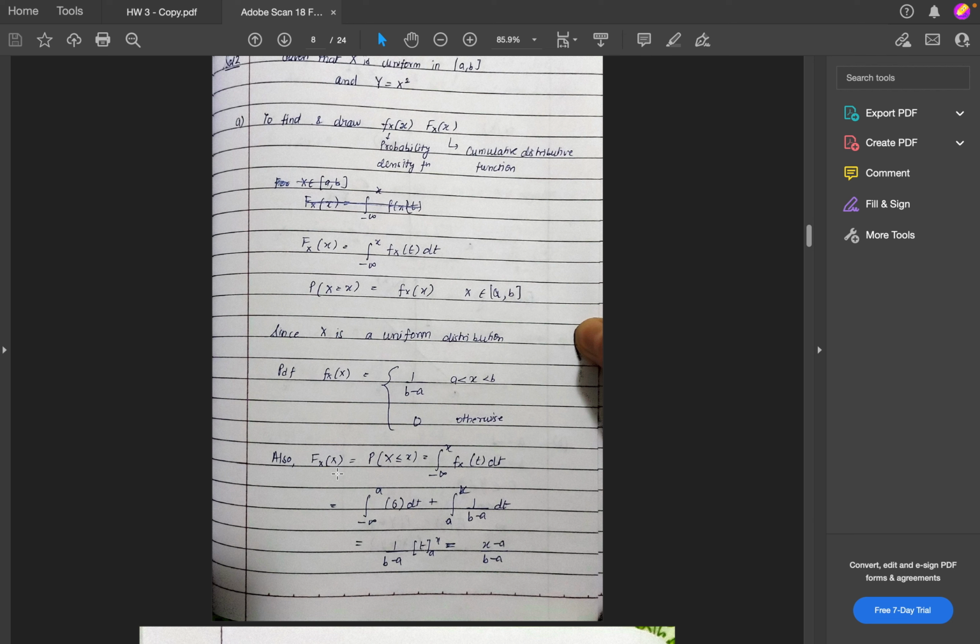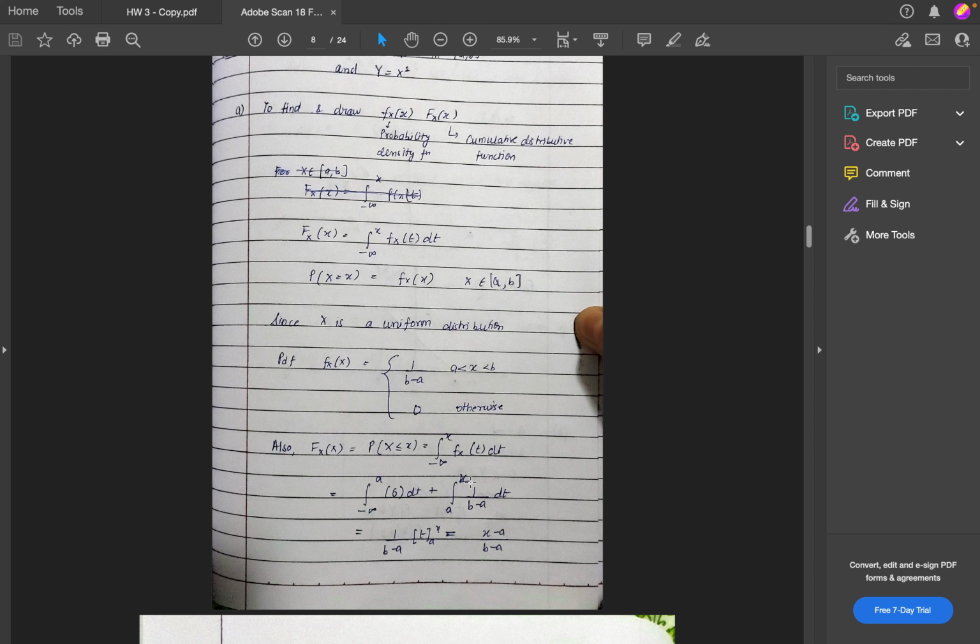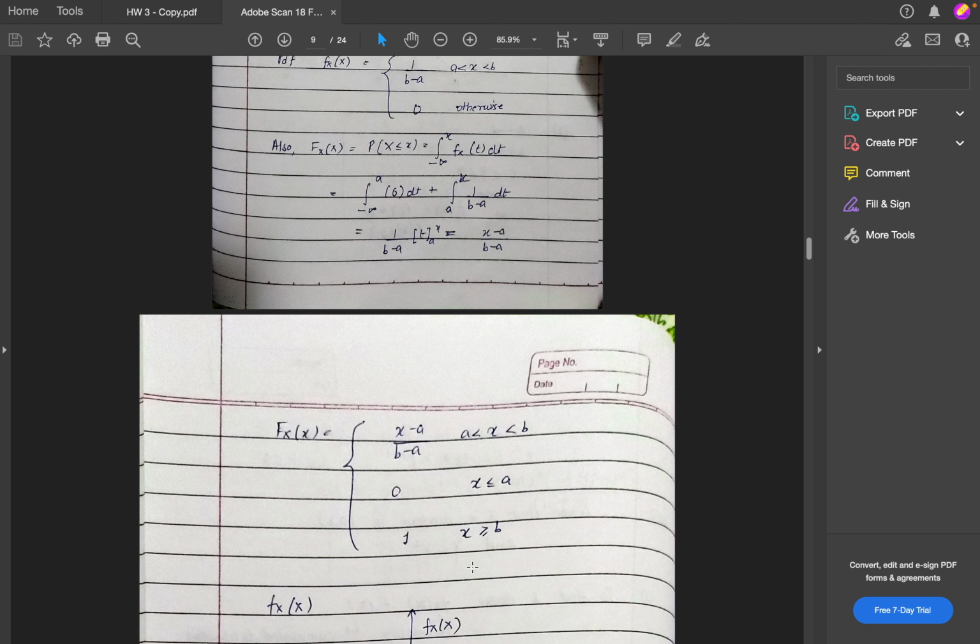Now CDF, as we know, is the integral of the PDF, so we can take the integral of the PDF from minus infinity to x, and since the interval is given as a to b, it will be the integral from minus infinity to a. On calculating, we get the value as x minus a upon b minus a.